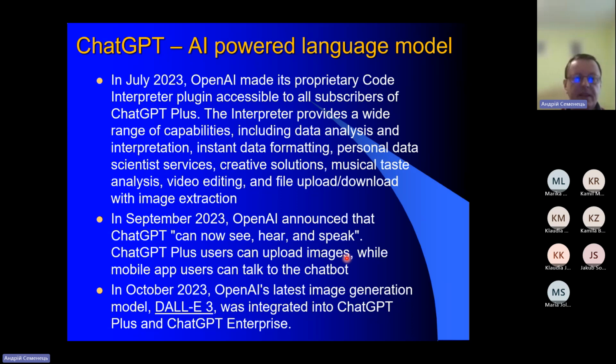So again, it is clearly important to understand that ChatGPT cannot be classified as an expert system.